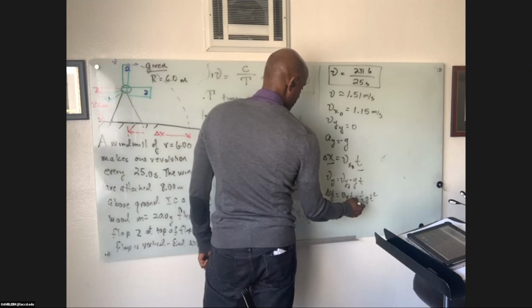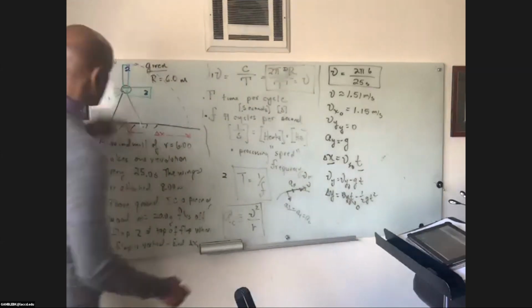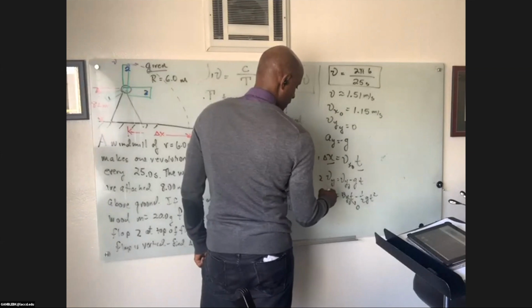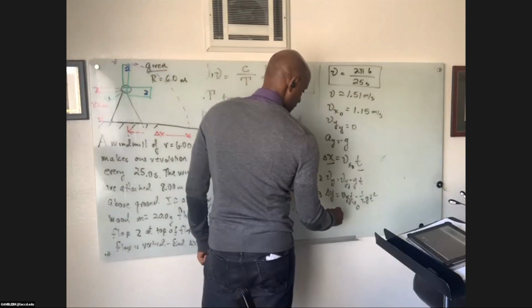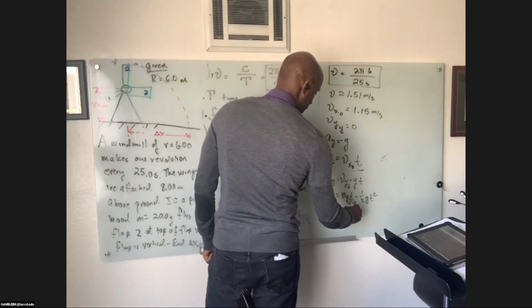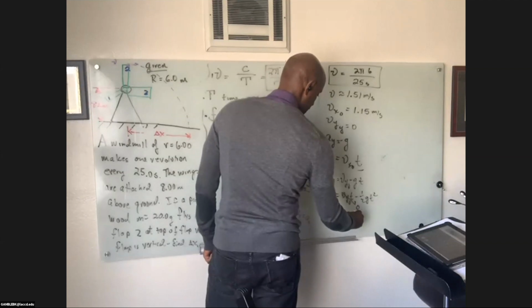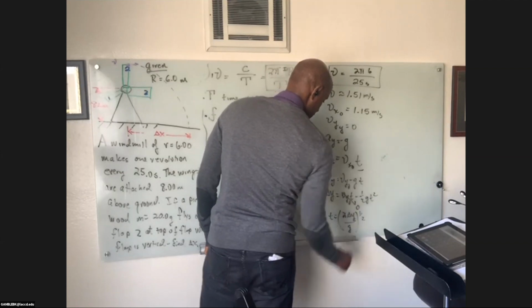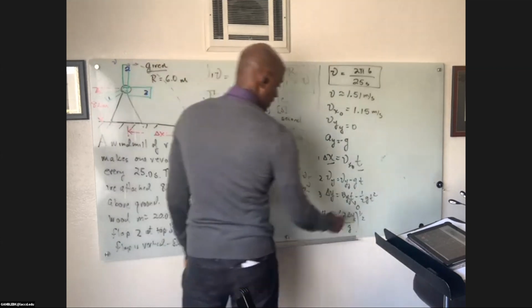And vy naught is 0 because it's completely horizontal. So I can get time from this. That time is equal to the square root of 2 delta y divided by g. So equation 4 gives me t.